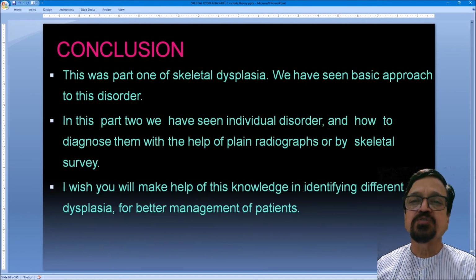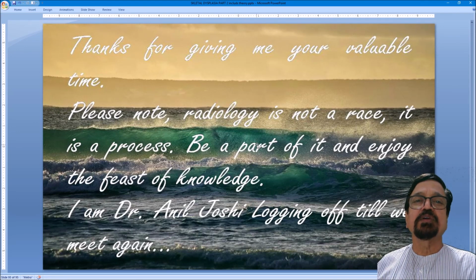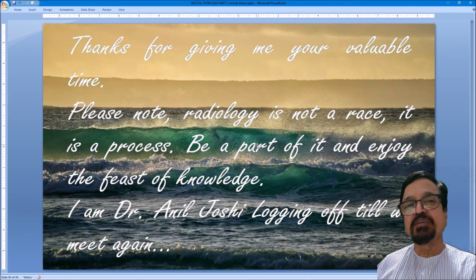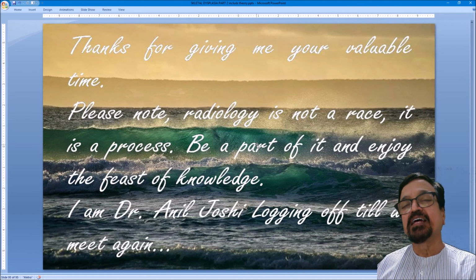And radiology is the gold standard because in dysplasias we often take one or the other projections of X-ray, and in that X-ray we find certain abnormalities, and subsequently we land up with a very good diagnosis, confirming and giving a good idea about the workup of skeletal dysplasias.